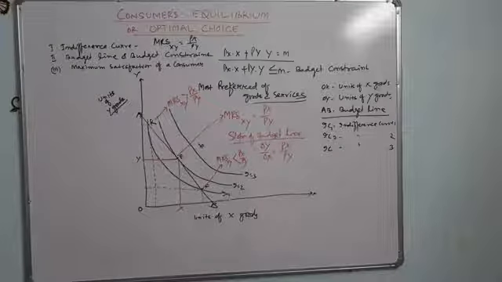So among these 3 points, E is the equilibrium point, where the consumer's budget line is tangent to indifference curve 2.